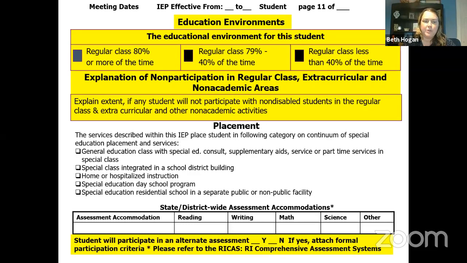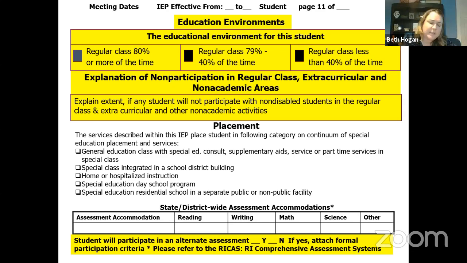If your student is receiving almost all or all of his or her special education instruction and services within a classroom with regular education peers, we're going to say that that student is in the regular class 80% or more of the time.